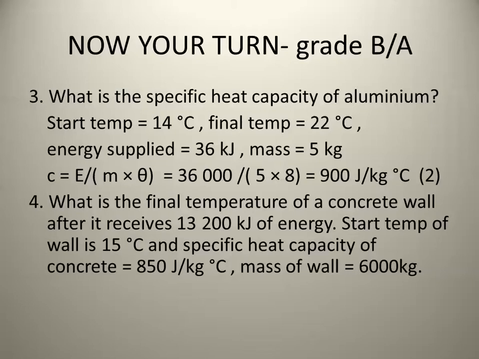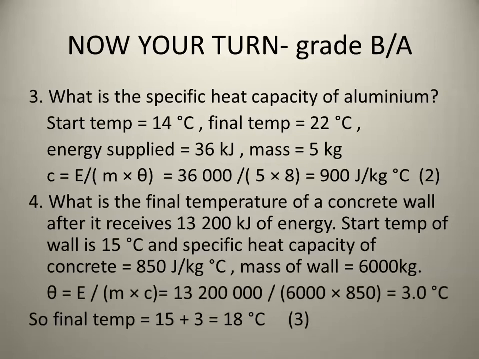Alright, question 4, a concrete wall question. Receiving a lot of energy, 13,200 kilojoules. Starts at 15 degrees C and its specific heat capacity is 850 joules per kilogram degrees C, and the mass of the wall is 6,000 kilograms. We can't get the final temperature directly, we can only work out theta, the temperature difference.